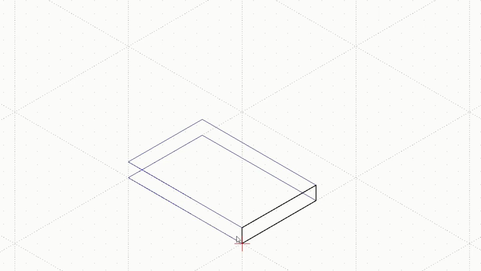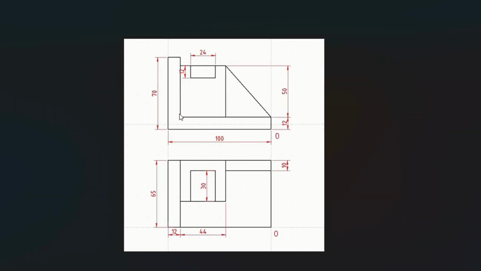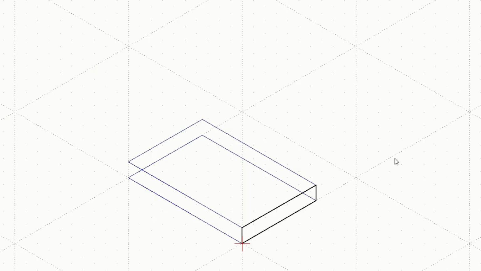Now, this would also be visible, but for us to draw that, we have to take into consideration this wall, because it is a common portion for the base and the wall. So let's construct the wall of 70 mm in height, 65 mm in width, and thickness being 12 mm. Now, you can see that there are two planes.